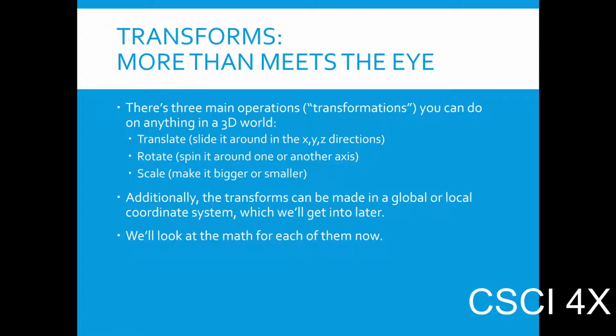But if you need to, you can make something bigger or smaller. You just have to be careful it doesn't look like crap afterwards. Transform schema, yeah, that's important. We'll talk about that later, though.